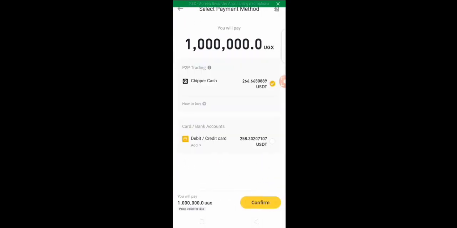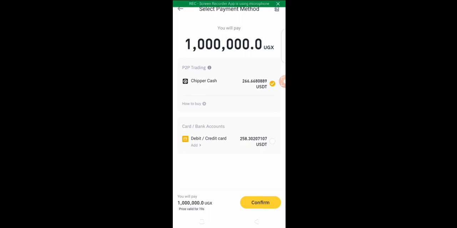After tapping buy, there is what we call peer-to-peer trading. You can use peer-to-peer trading if you want to buy USDT. On peer-to-peer, you use things such as PayPal.